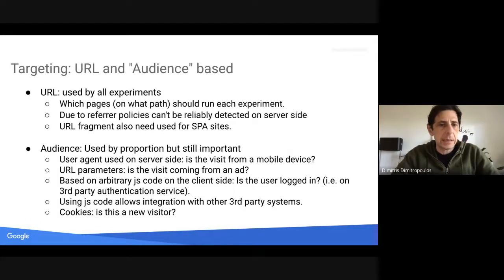In today's sites, some sites will do recommendation, get recommendation services on the browser, even authentication sometimes. So, sometimes it's much more convenient to check on the client things like, is the user logged in? What is my recommendation engine providing as the content, and link all that as targeting of the experiment.